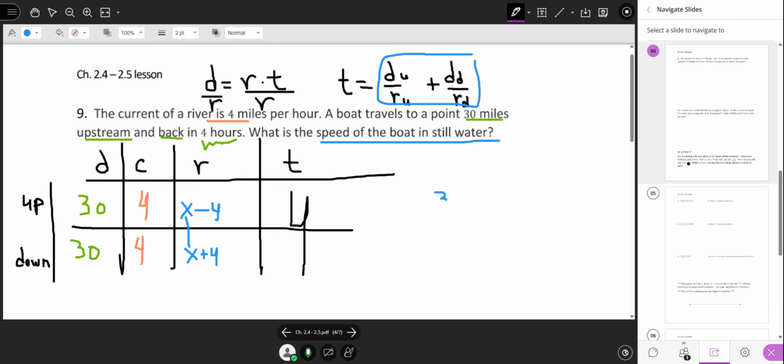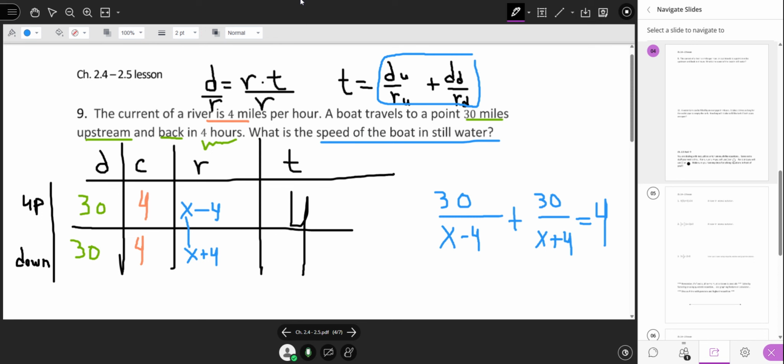So your distance upstream divided by your rate upstream plus your distance downstream divided by your rate downstream, and all of that is equal to your overall time. So it took you 4 hours going upstream plus downstream.